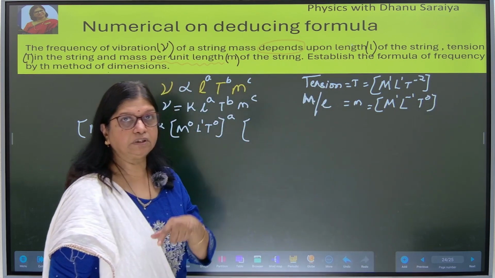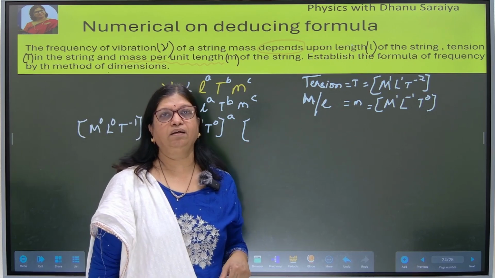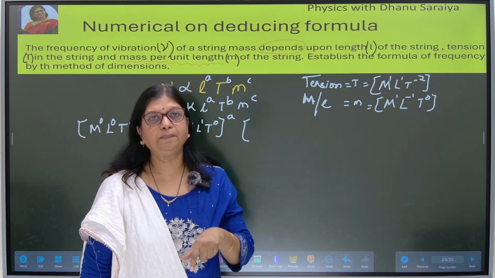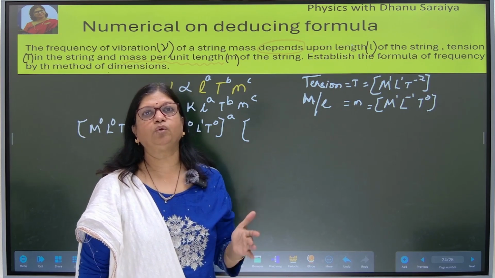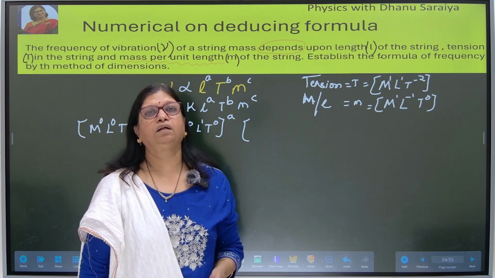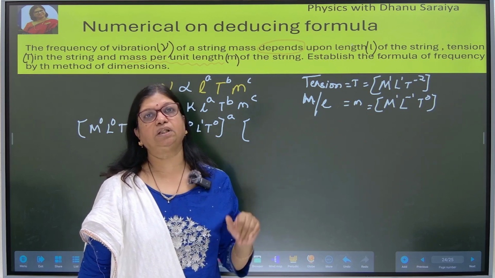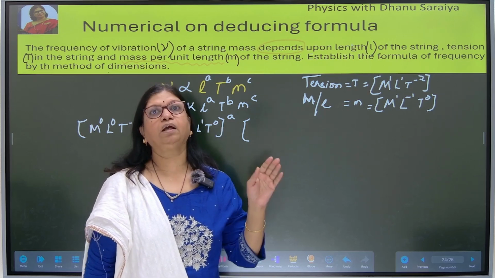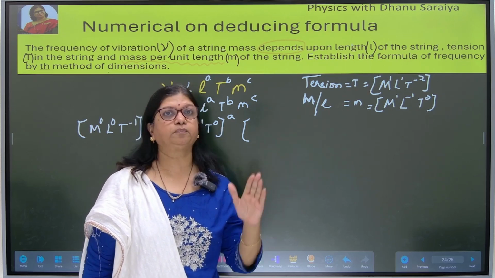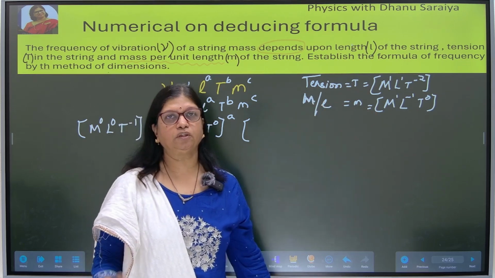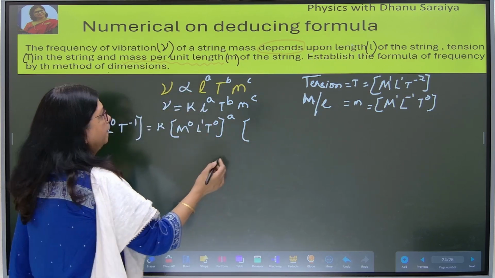So I picked up this question to make you understand. And remember, just by looking at T and M, don't write the dimension formula of simple time and mass. Here T was tension. Tension is force. Here M is mass per length. So you write mass per length as its dimension formula. Let me just put it here.